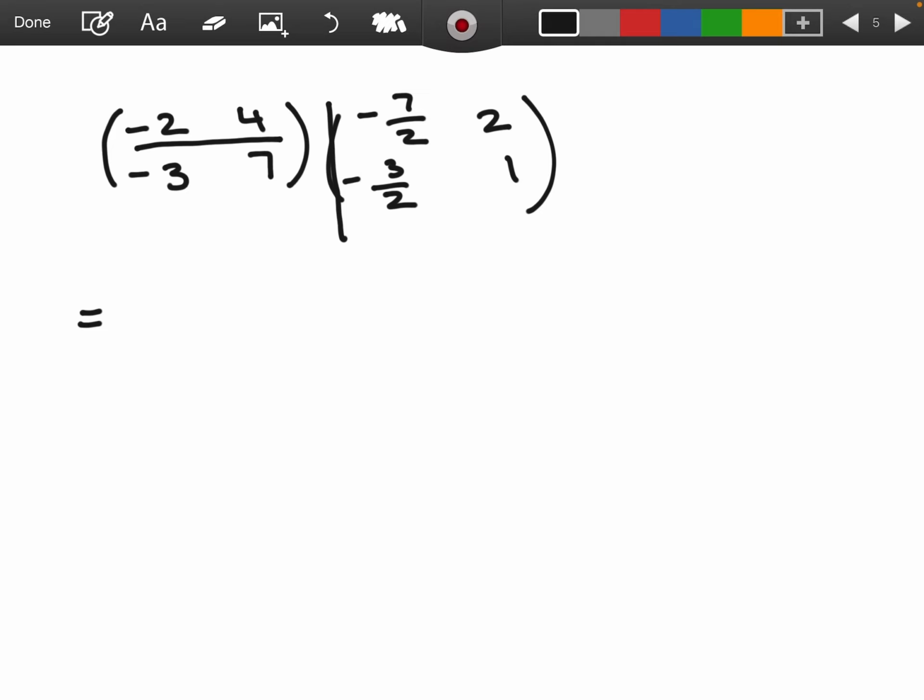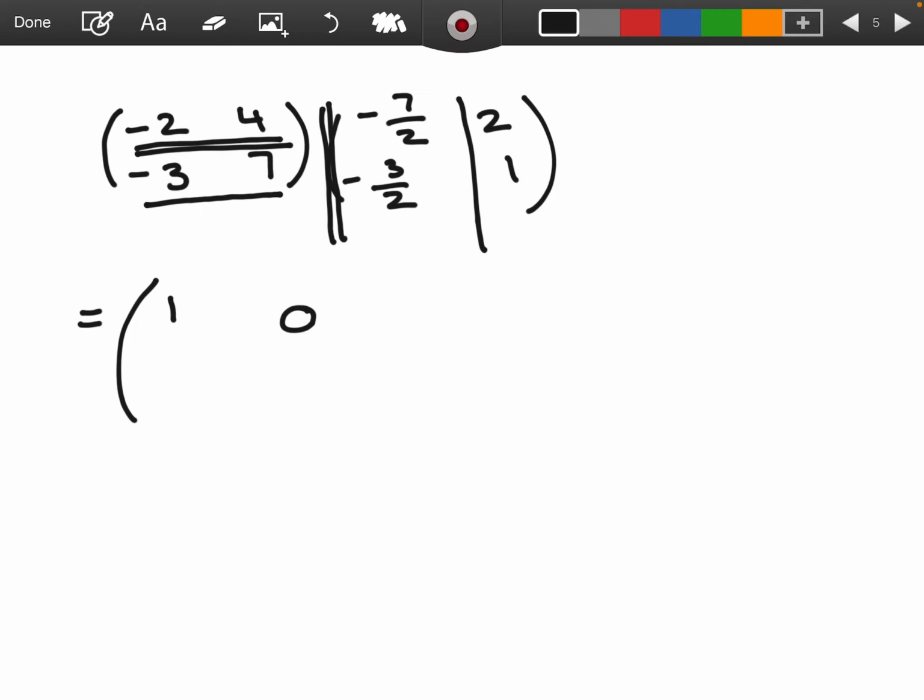We're going to do row times column. That gives me 7 minus 6, which gives me 1. Then row times column gives me -4 plus 4, which is 0.